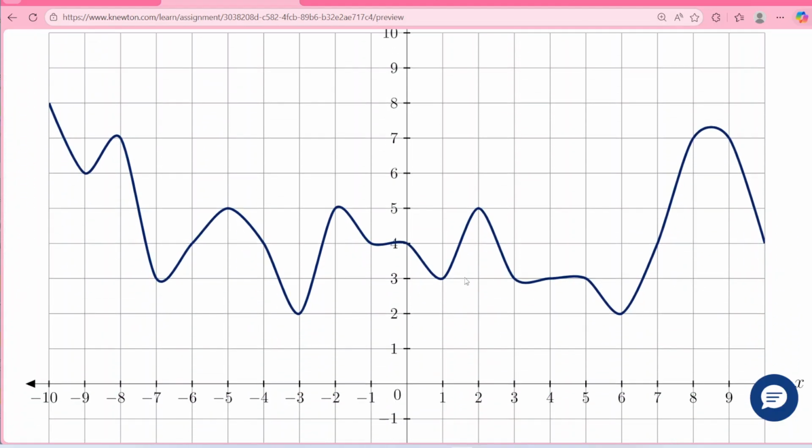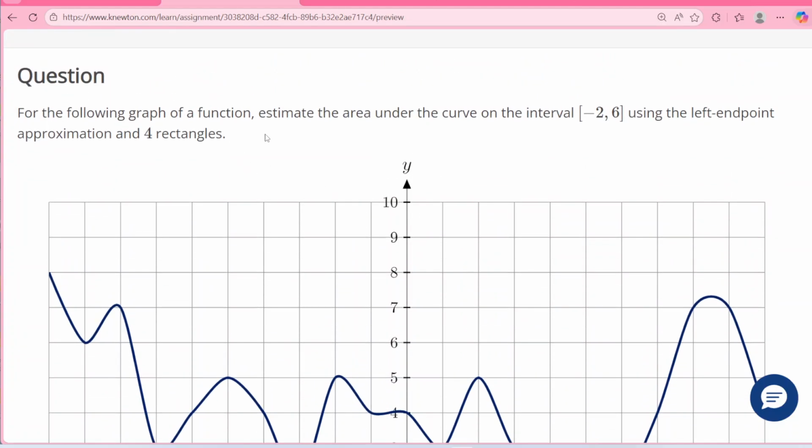All right, so this one's kind of eyeballing things here, right? This function doesn't have some specific equation to it. All right, so this is using left endpoints for rectangles. So the width of -2 to 6, again, that's 8 units.